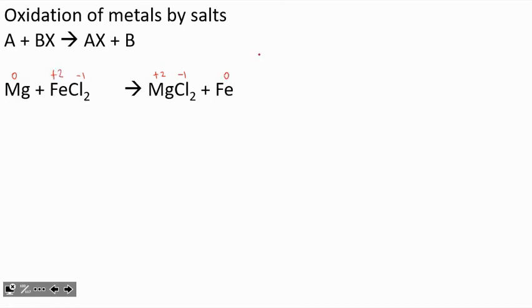So our magnesium has gone from a 0 to a +2 status, which means that it had to lose electrons to become more positive. So lost electrons means that it was oxidized. Our iron went from a +2 to a 0, which means it became more negative. So it gained electrons. So that means that it was reduced.